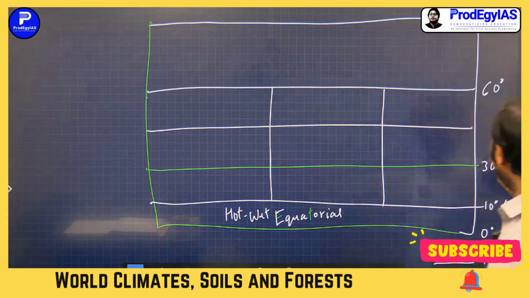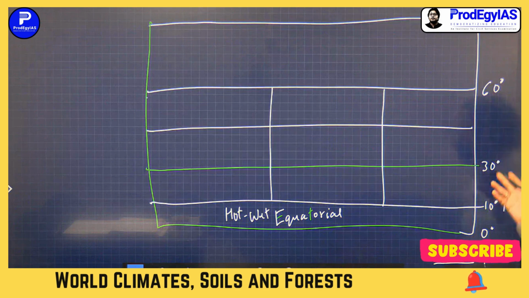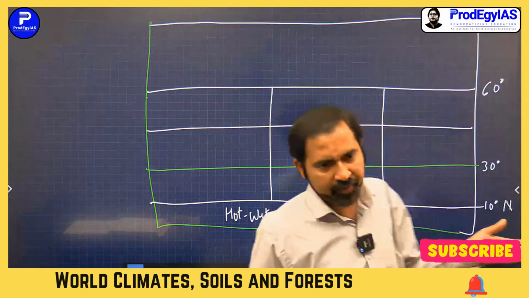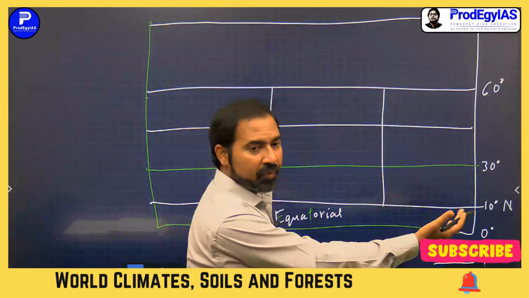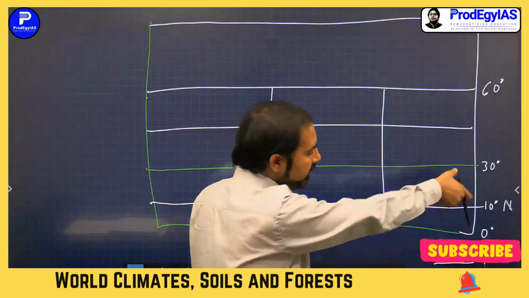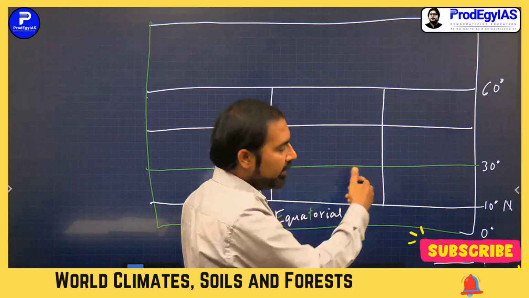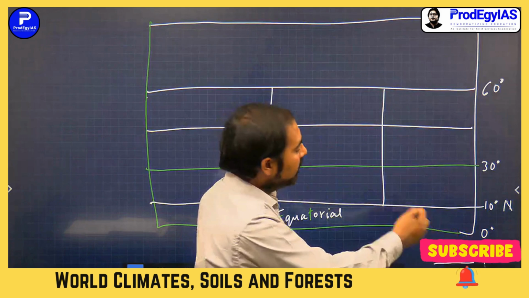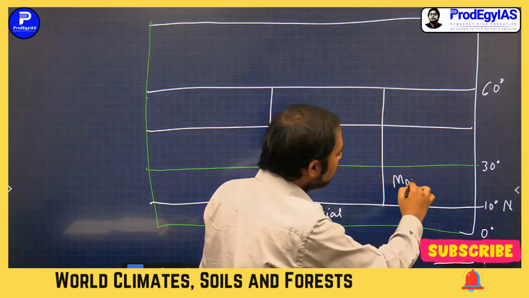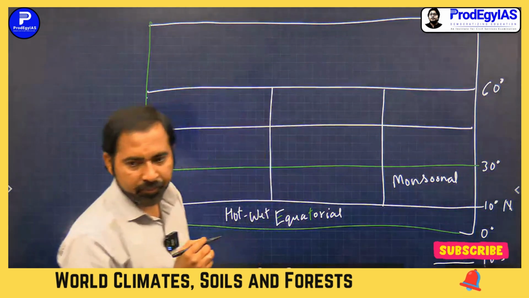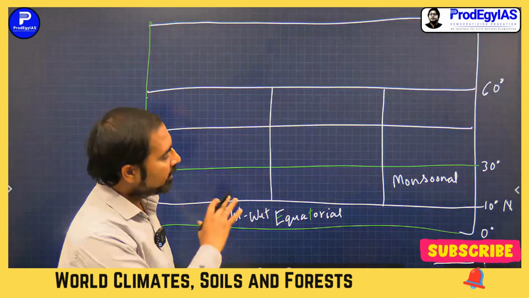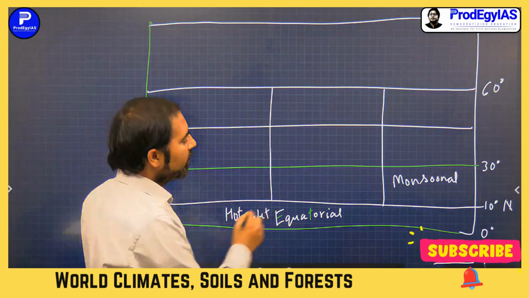Then between this zone, 10 degree to 30 degree, in the northern hemisphere as well as in the southern hemisphere, on the eastern side of a continent, means in this particular latitude and on the eastern side of a continent, there will be found monsoonal climate, right? Please make this diagram.